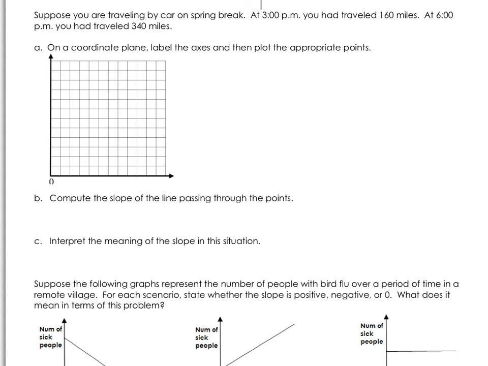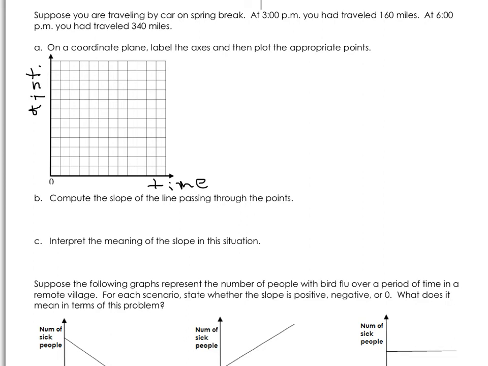I think miles depend upon time. So we put the independent variable, time, on the horizontal axis, and we put our dependent variable, distance, on our vertical axis. And our distance will be measured in miles, and we can put our time in hours.